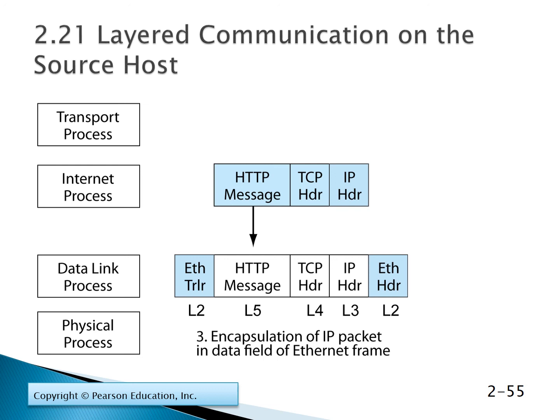You can see your original HTTP message is becoming longer and longer based on the addition of headers at different levels. In the analogy we talked about, it becomes a message stored in multiple layers of envelopes, right?